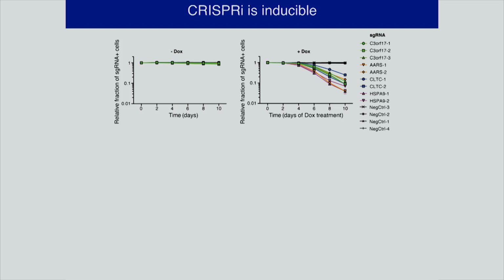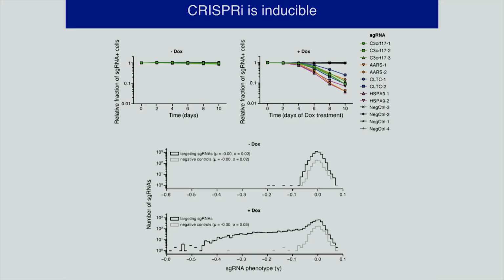It's very nice if you have a system where you have some temporal control. You can get all your components into the cells and then induce and see what happens right as you've induced knockdown. And that's also reversible, at least to some extent. Taking off DOX can restore full expression or near full expression.